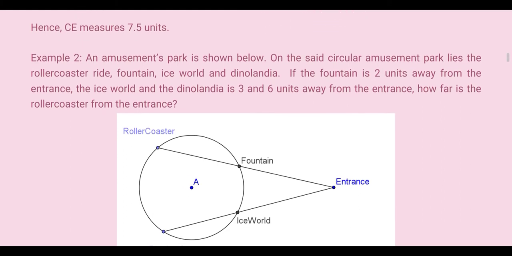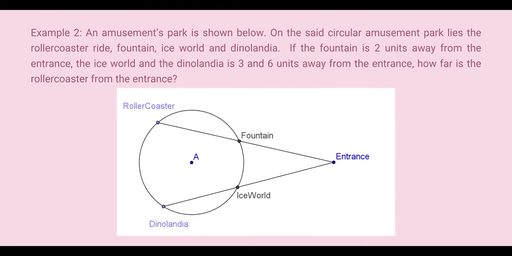Okay, now let's try another example. Mas maganda to, drawing yung circle, para pag nilipat ko yung page, meron pa rin kayong drawing dyan sa papel. Example number 2, an amusement park is shown below. On the said circular amusement park lies the roller coaster ride, fountain, ice world, and Dinolandia.